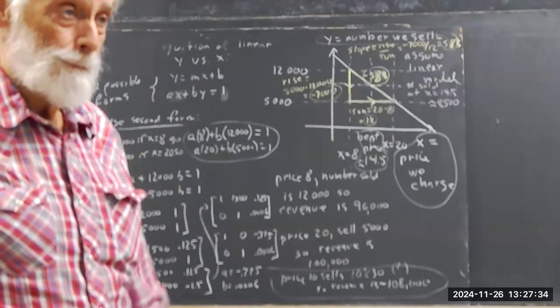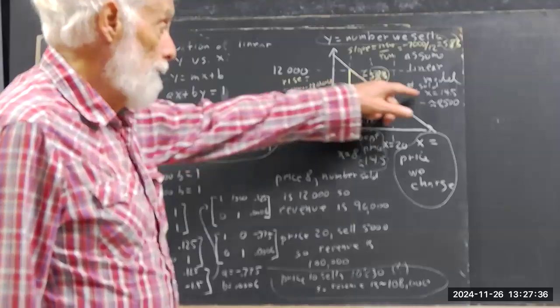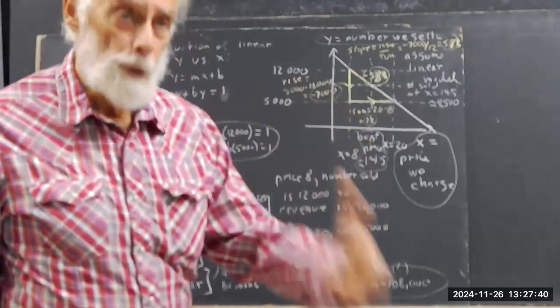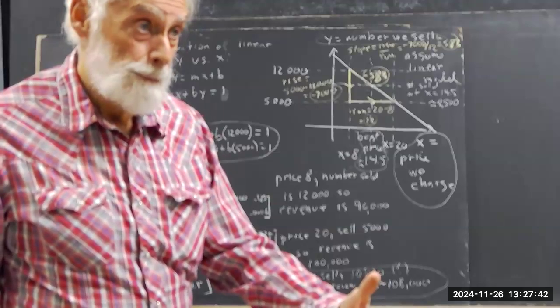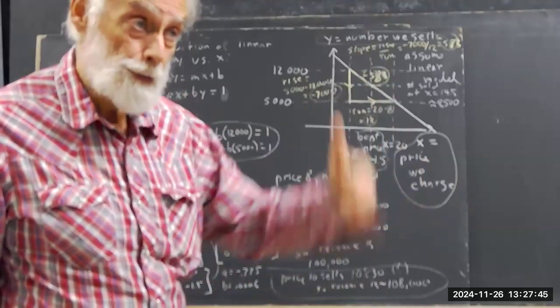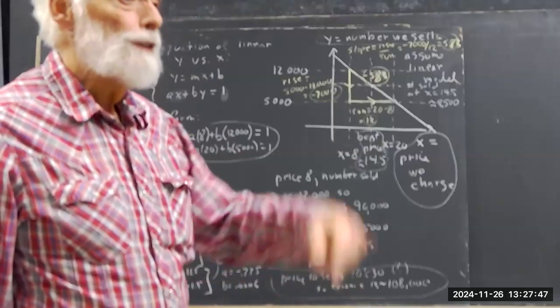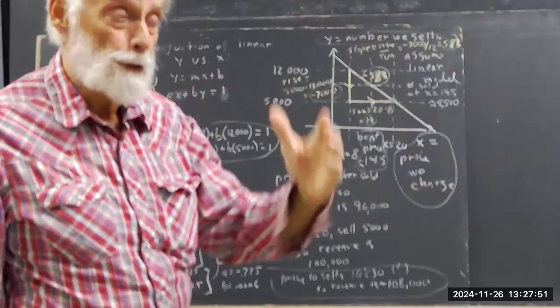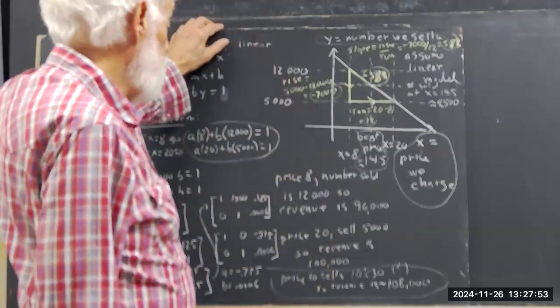Now I can see that from my graph. I figured out my best price from the quadratic function. It's a vertex, it's an axis of symmetry, because that's where the highest point occurs. The highest point of that graph is going to occur on the axis of symmetry.